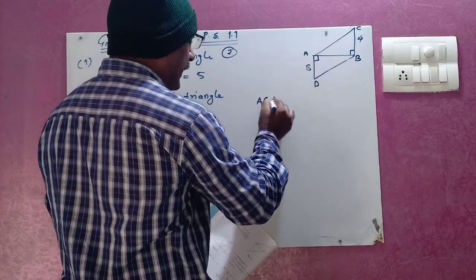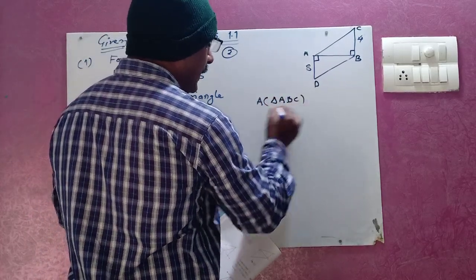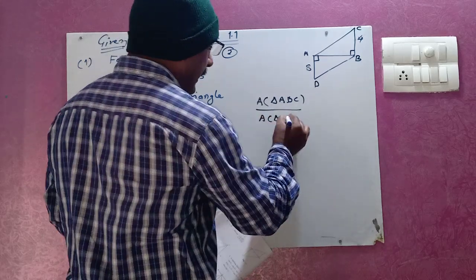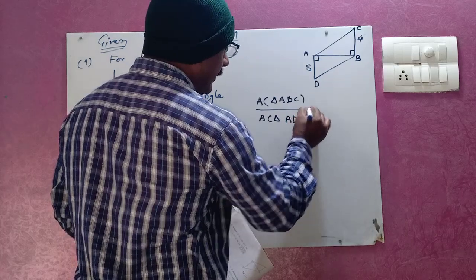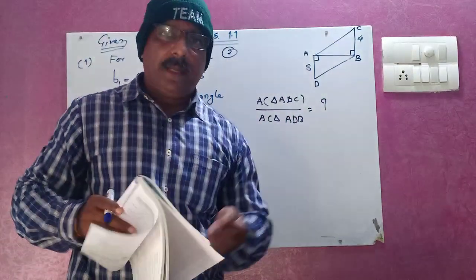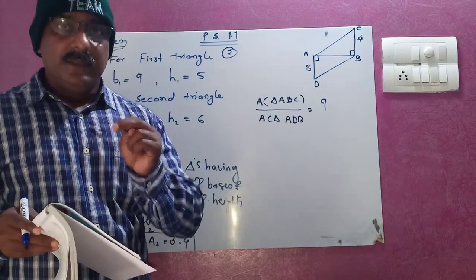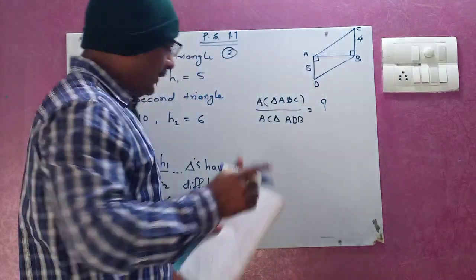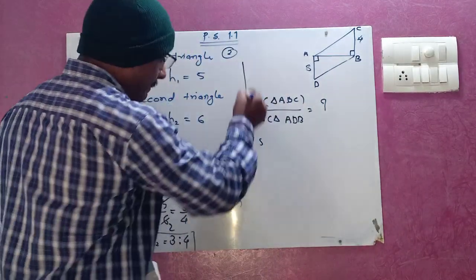Area of triangle ABC upon area of triangle ADB. This is the question. So which property you will apply? Second one, that is having different bases or different heights. Okay. So how will you write this one?